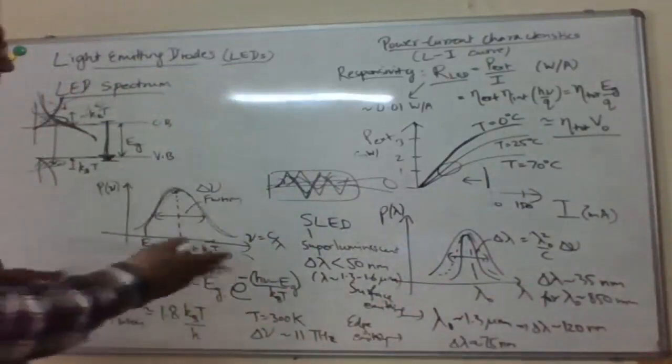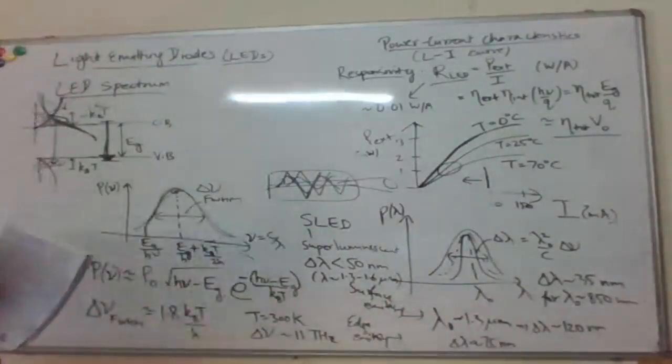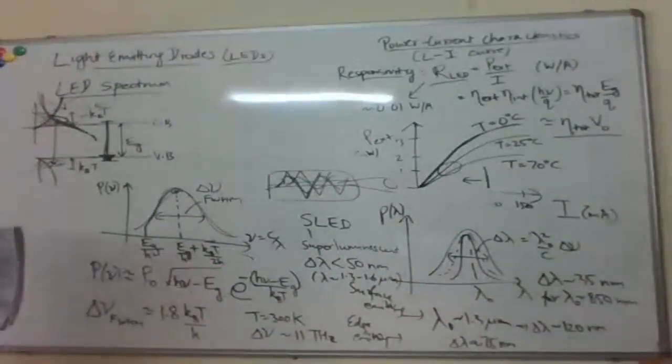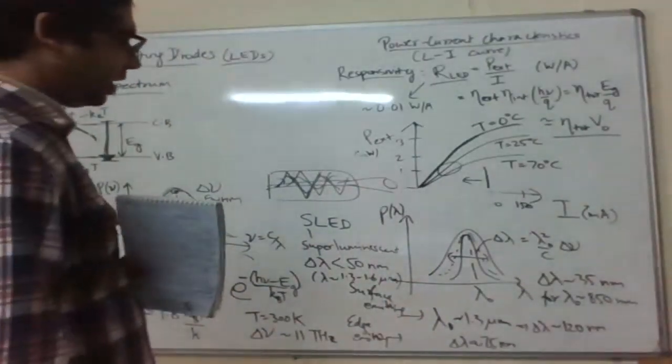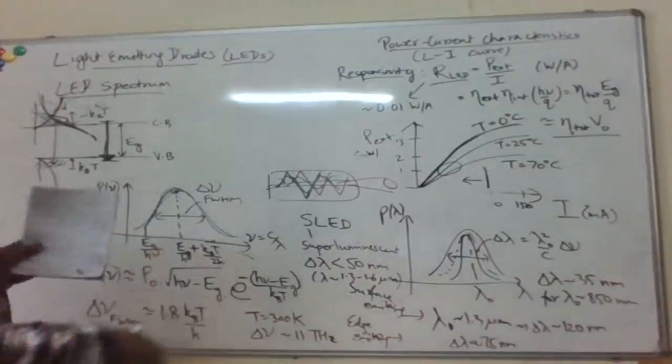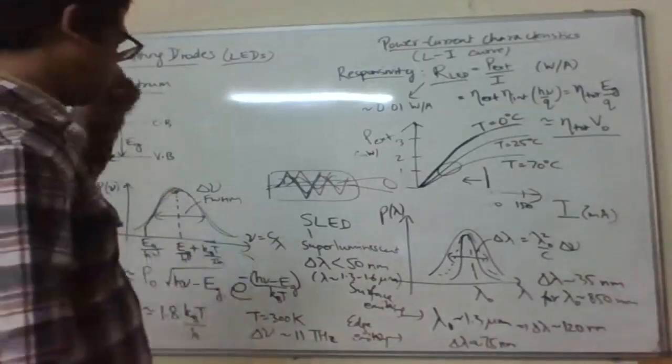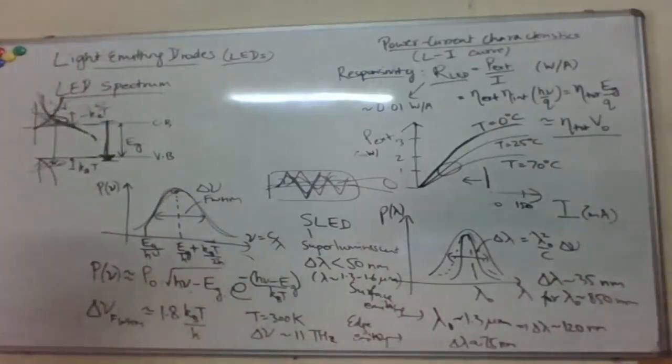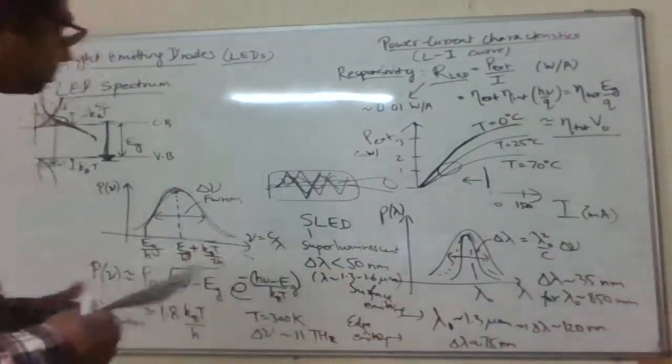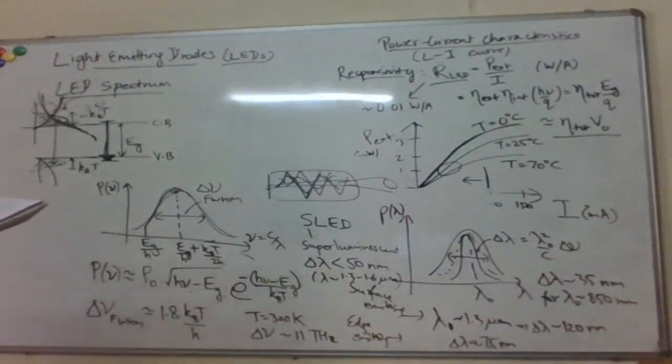The laser diodes have bandwidth between 1 and 10 nanometer. And then once you stabilize the laser cavity, we'll study more about how we do that for the semiconductor lasers, then you can get really narrow bandwidths. Anyway, that's as far as the spectrum is concerned.